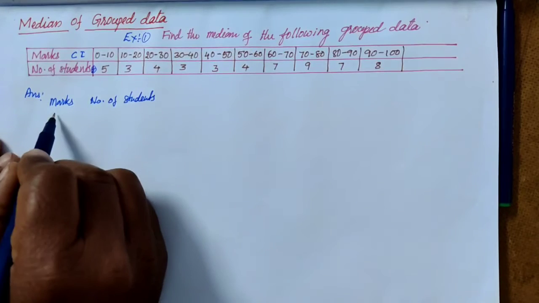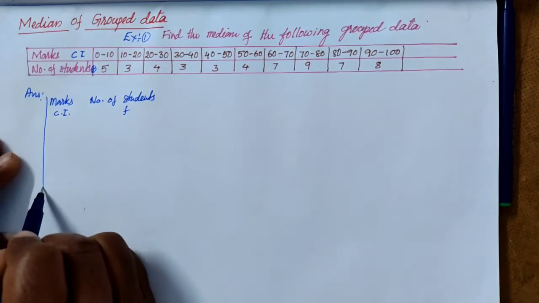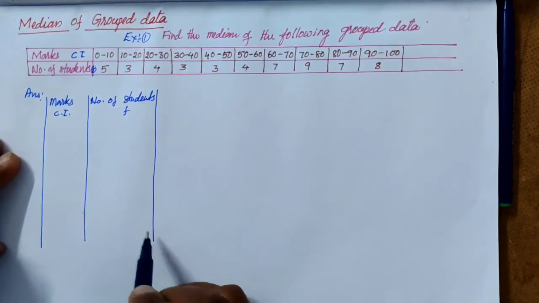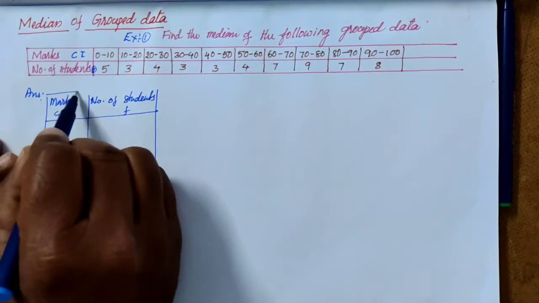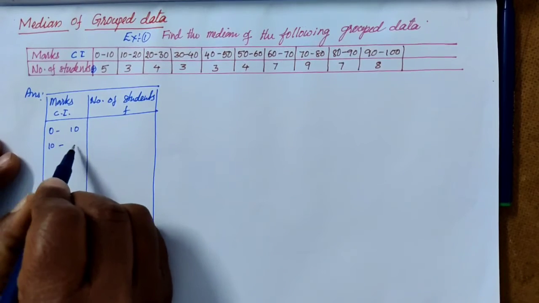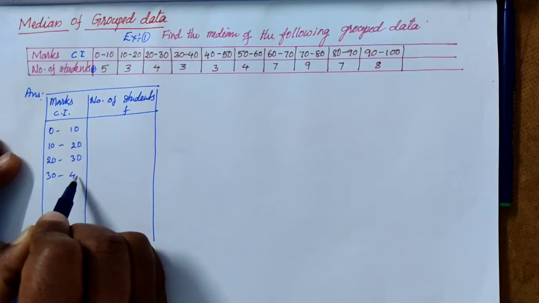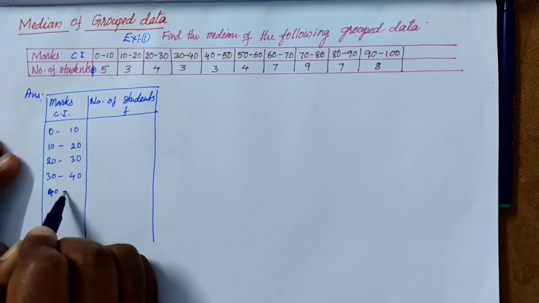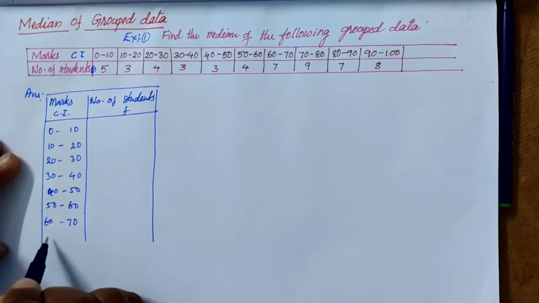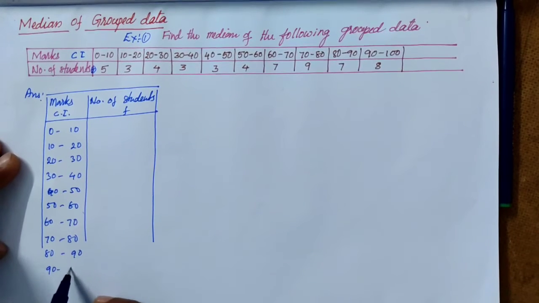So this is class interval, and this is frequency. Class intervals: 0 to 10, 10 to 20, 20 to 30, 30 to 40, 40 to 50, 50 to 60, 60 to 70, 70 to 80, 80 to 90, 90 to 100.